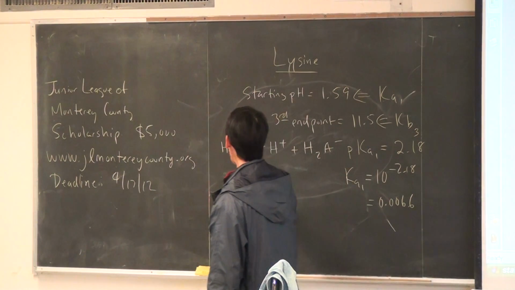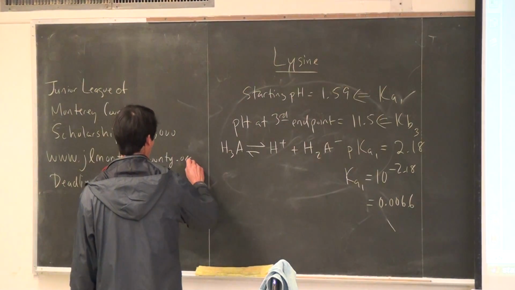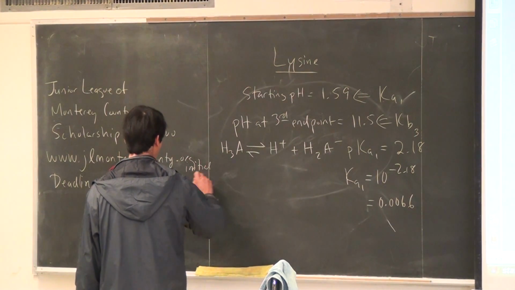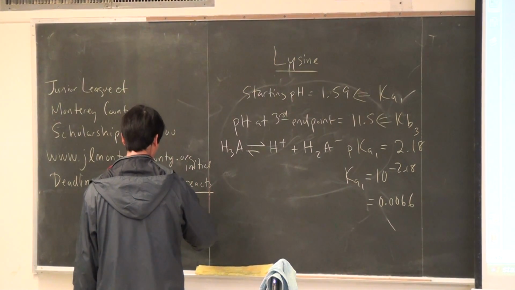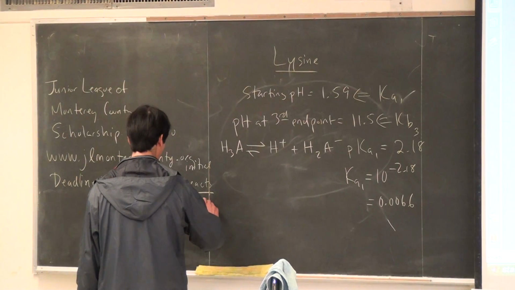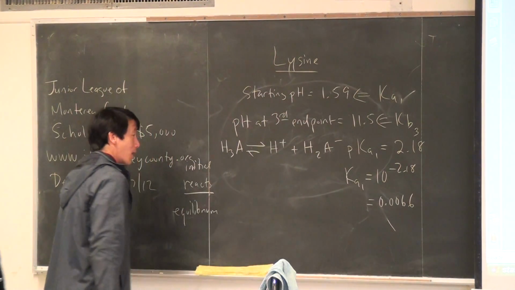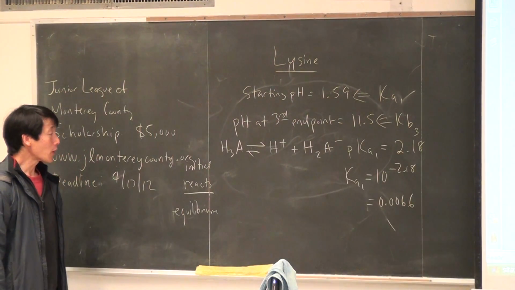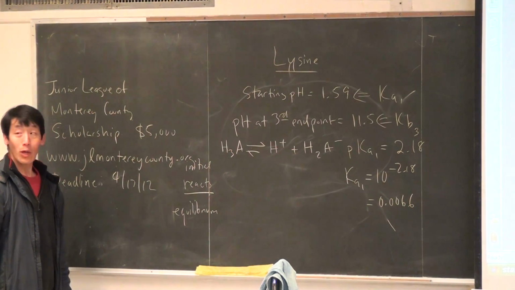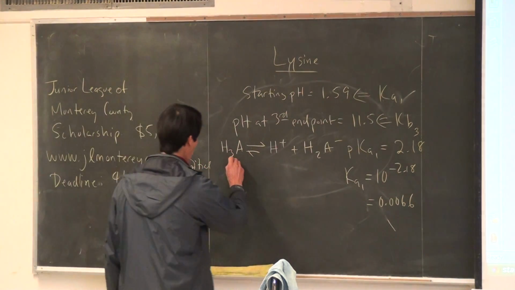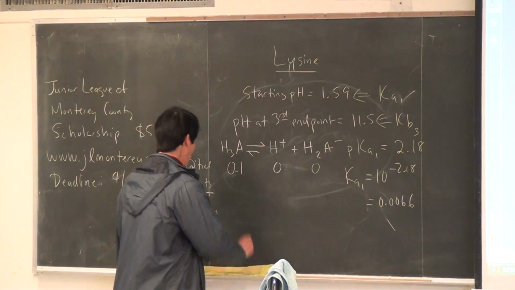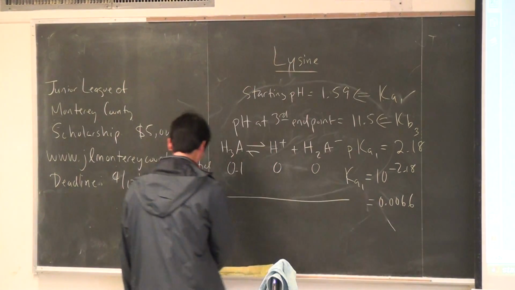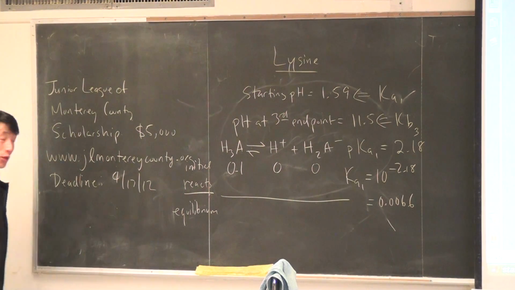Now we want to do an equilibrium calculation, so we have our initial amount, the amount that reacts, and the amount at equilibrium. For these calculations, our initial concentration is 0.1 molar, so we'll have 0.1 molar here, and then 0 and 0.